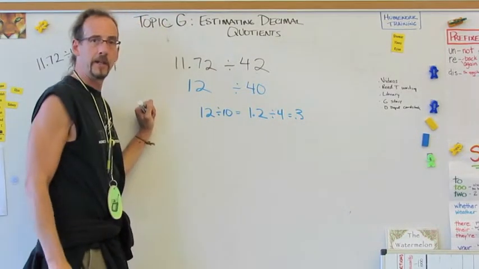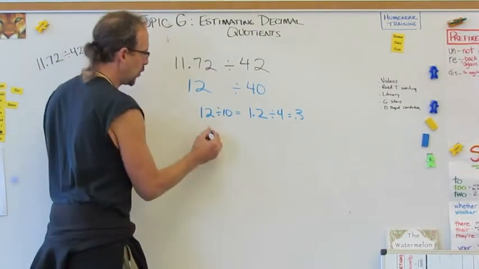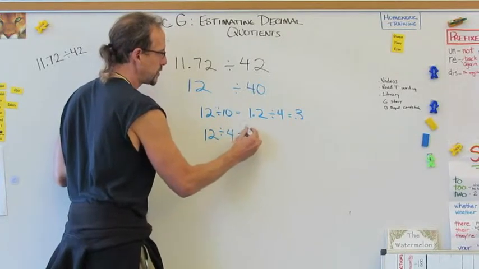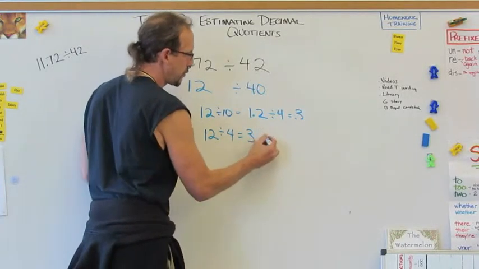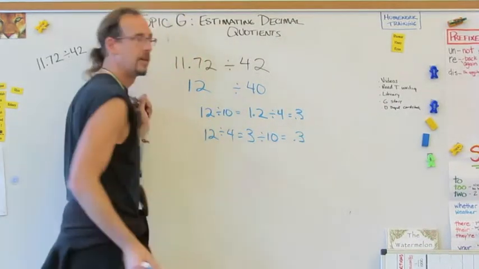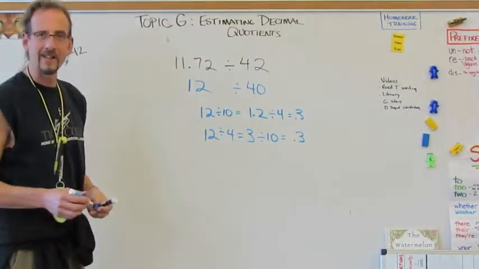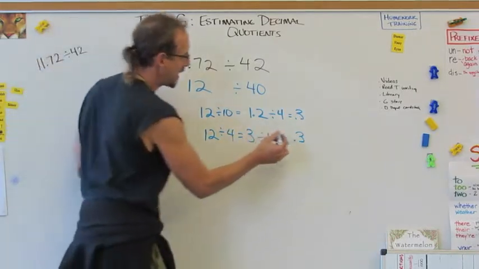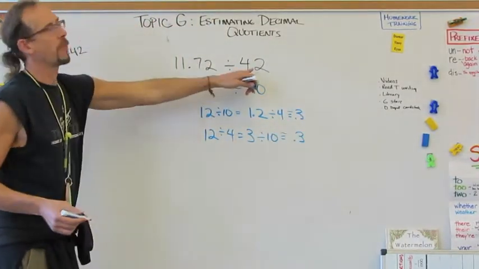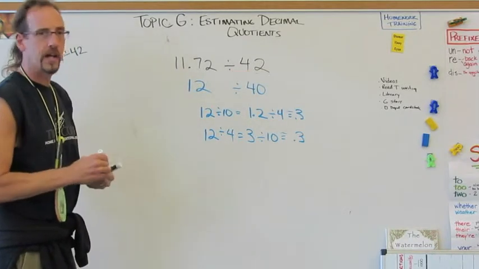Got to put my decimal in. Or 12 divided by 4 is 3, and then 3 divided by 10 is 3/10. Either way, we're going to get to 3/10, and again, that is an estimate. This is about 3/10 here, and that's all we're trying to help kids to do.